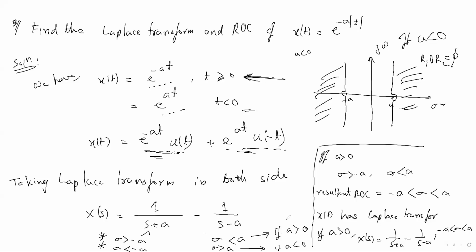But if e to the power at is given, or bt, or some letter is given, then you have to check these two conditions. You should remember that, to find the region of convergence. Otherwise there is a good chance you will get the wrong answer.